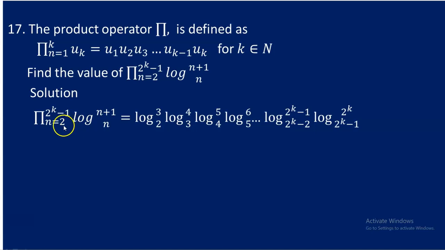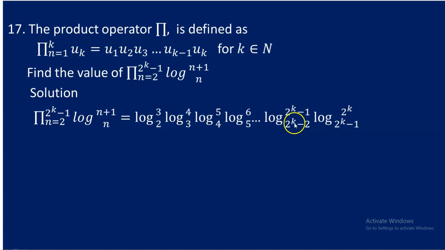So if n is 2, look, it starts from 2 and it goes up to k minus 1. So the last one is n = k minus 1. But before that, we must have k minus 1 minus 1, which actually is k minus 2. So here, log of k minus 1 to the base k minus 2 is used because the number less than k minus 1 is k minus 2.